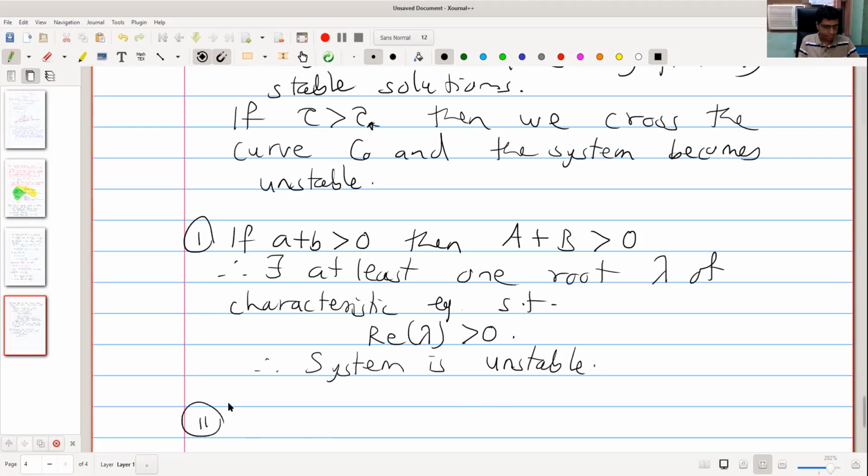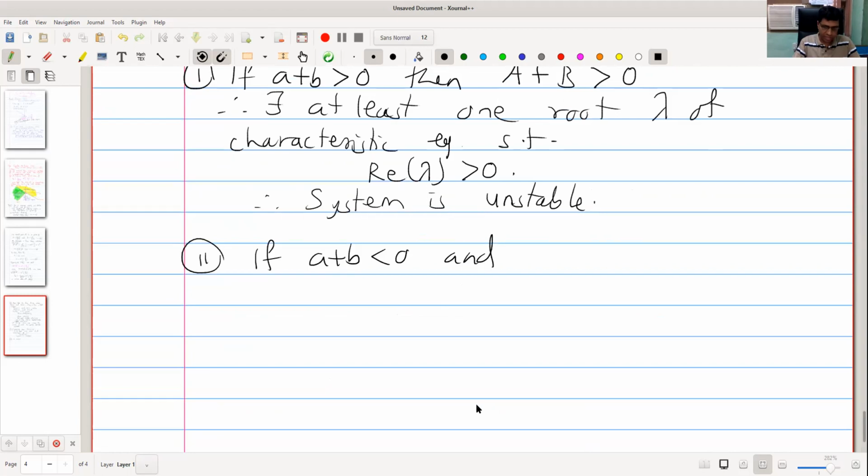And the second thing: if a plus b is negative and small b is greater than or equal to a, then capital A plus capital B is also negative, because capital A is small a times tau. We can multiply by tau on both sides.